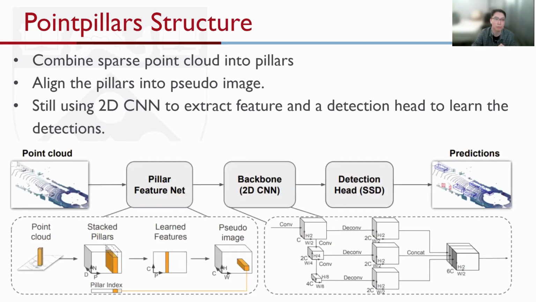So this is the PointPillars structure. The smart trick of PointPillars is that it's still using 2D convolution. The first step they do is they combine this sparse point cloud into pillars, and they align the pillars into a pseudo image. The difference between doing the voxelization and this way of aligning the pillars is that the 3D voxelization actually preserves the 3D distribution of the voxels, right?